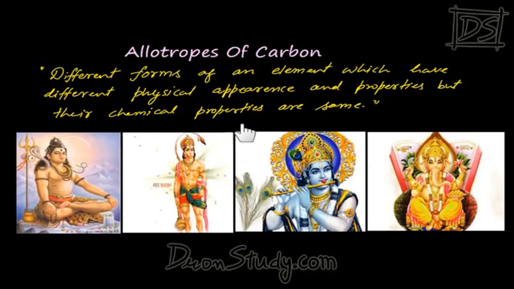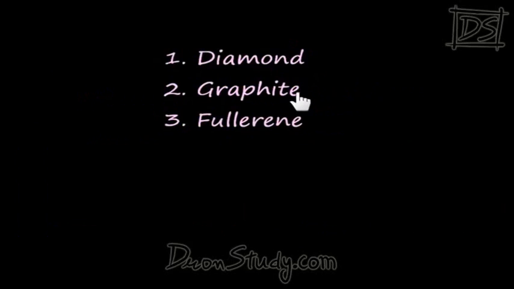Allotropes are different forms of the same thing whose physical appearances and properties are different, but the main characteristics, that means the chemical properties, are the same. As we are talking about carbon, carbon has three main allotropes which are diamond, graphite and fullerene.